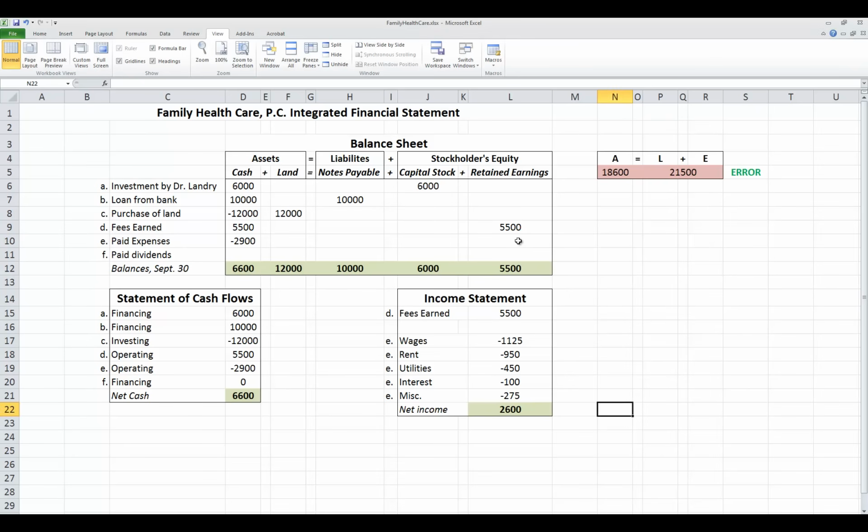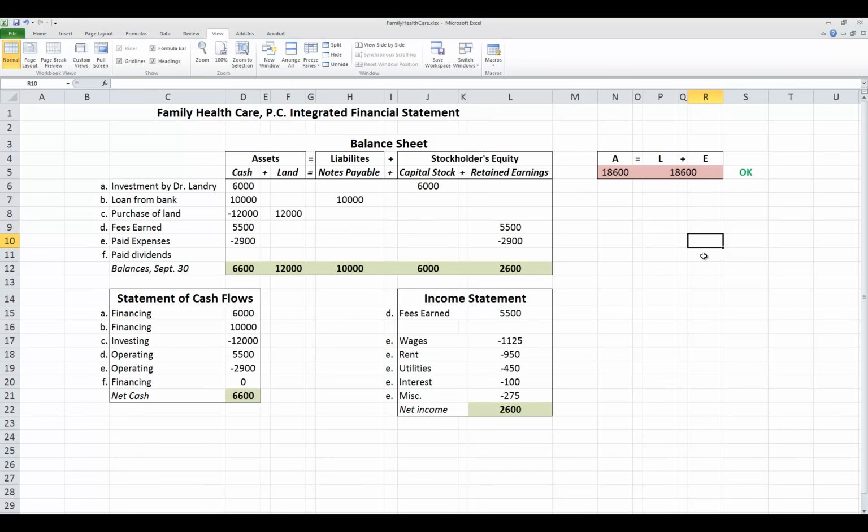So whatever the earnings we keep in the business from our fees, we're going to pay our expenses out of that, and that should make sort of intuitive sense. So we're going to balance out the $2,900 under cash assets with minus $2,900 under retained earnings. There we go. And our accounting equation on the right likes that, so we're all green again. So we're okay. Everything is balancing out.